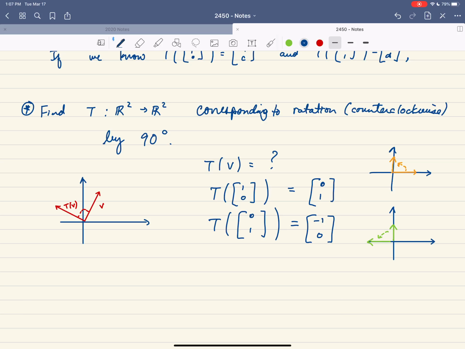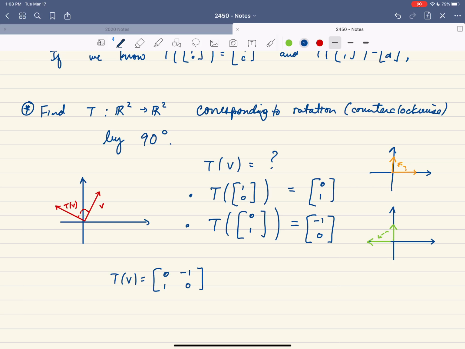And so it turns out that if we know these two basis vectors, then we know everything. And in fact, T of V is going to correspond to multiplication on the left by the matrix A, where the columns of A are determined by those columns, the outputs, right, the images of the basis vectors, T of (1, 0) and T of (0, 1).